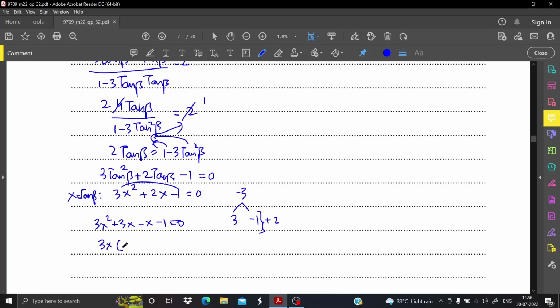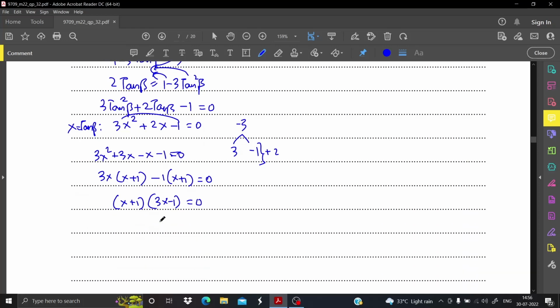So 3x into x plus 1 minus 1 into x plus 1 equal to 0. Therefore, you have x plus 1 times 3x minus 1 equal to 0. Therefore, you have x equal to minus 1 comma 1 by 3. Now, this is nothing but tan beta. Tan beta is minus 1 and tan beta is 1 by 3.